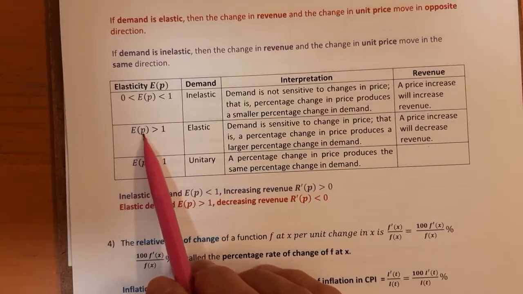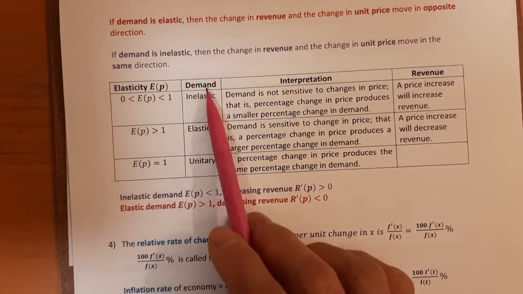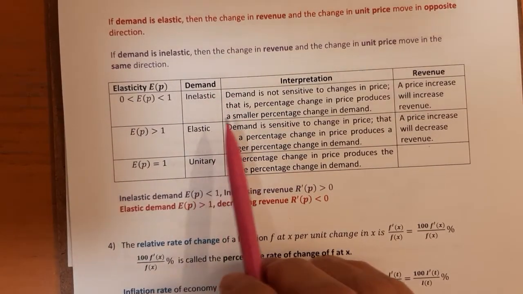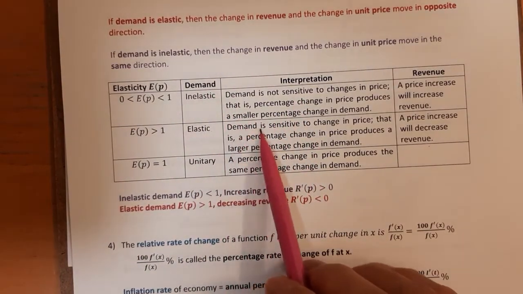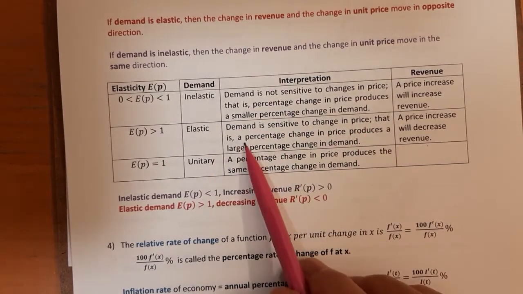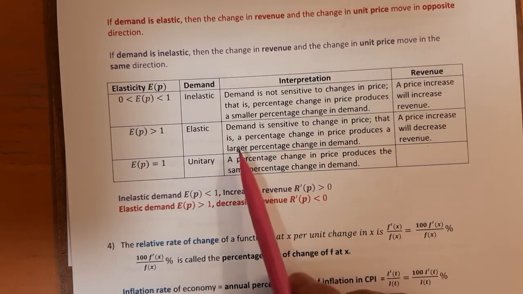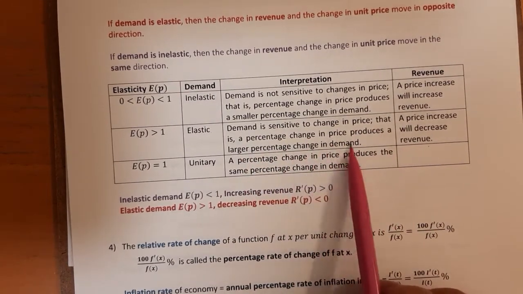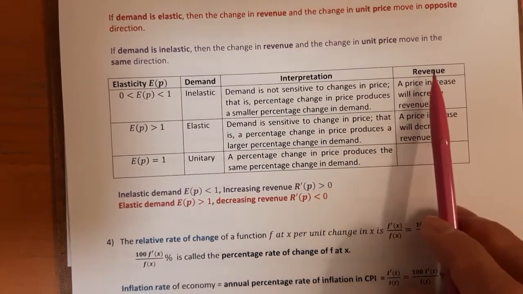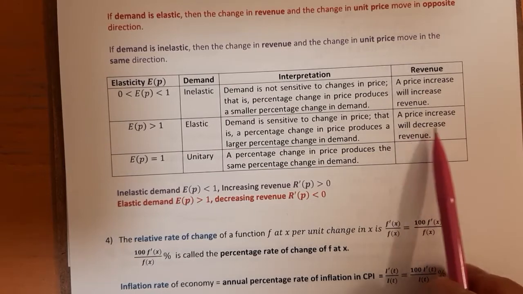And if the elasticity E(p) is greater than 1, the demand is elastic. That means demand is sensitive to change in price. That is, a percentage change in price produces a larger percentage change in demand. About the revenue, a price increase will decrease revenue.